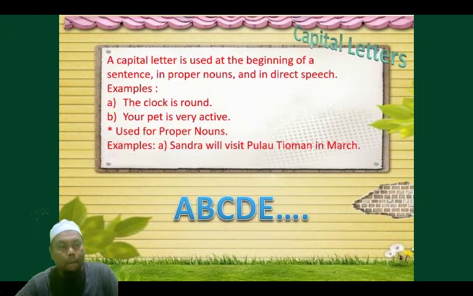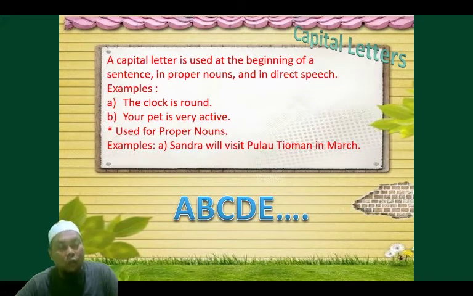All right. The next one, a capital letter is used at the beginning of a sentence, in proper nouns, and in direct speech. Examples, the clock is round. At the beginning of a sentence, the T should be in capital letter. Be, your pet is very active. Why? Your pet is very active.